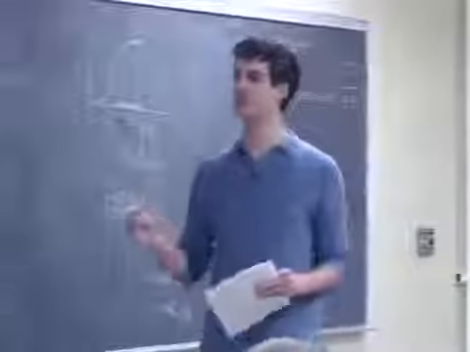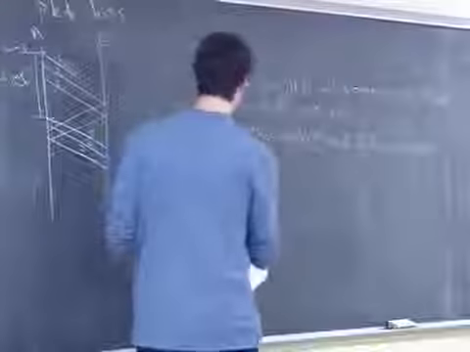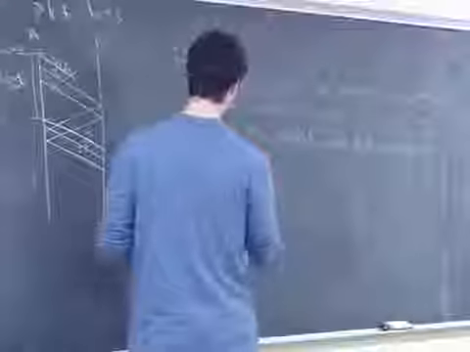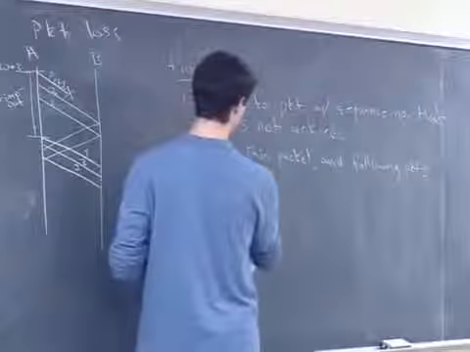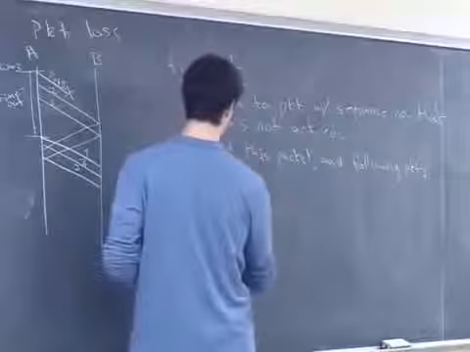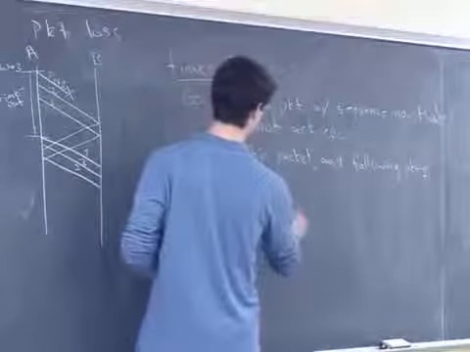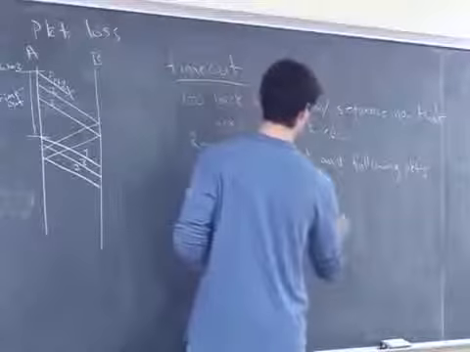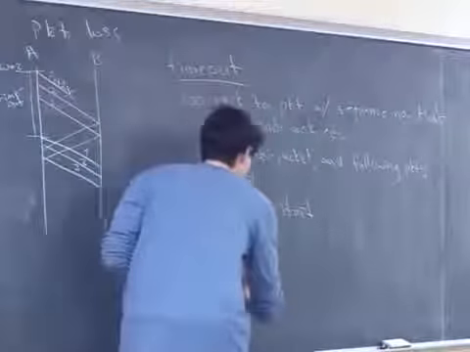All right, so we know now what to do as far as resending the packets, but we don't know what to do with our window size. So in this case, we set our window size back to 1, and we enter slow start mode. All right, so let me draw the picture here.